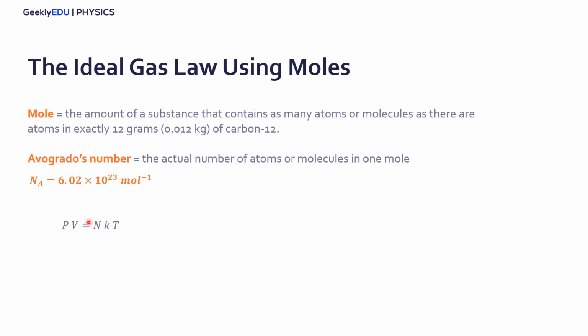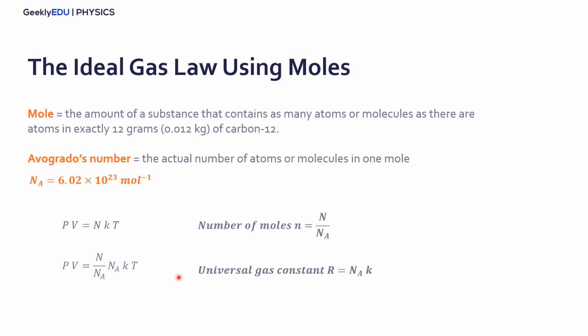So now let's change our previous equation a little bit, okay? We can take this right-hand side here, multiply it and divide by the Avogadro's number, okay? And well, now that we have that N, the number of atoms or molecules, divided by the Avogadro number, is actually the number of moles, okay?